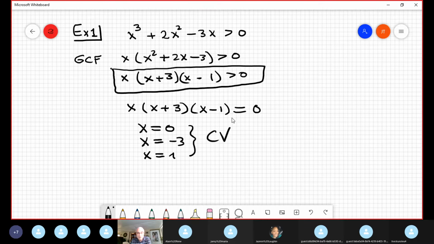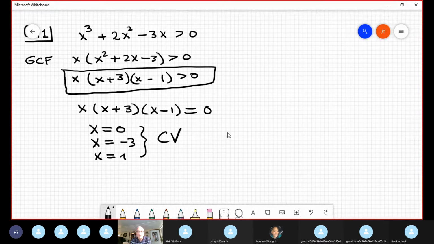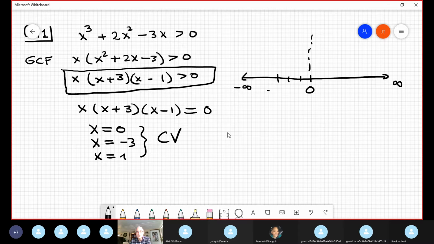And these are our CVs. CV means critical value. And the critical values I am using to create a partition of the whole real number line. Look at that. Infinity positive, infinity negative. 0 in the middle, partition. -3, another partition. 1, another partition.